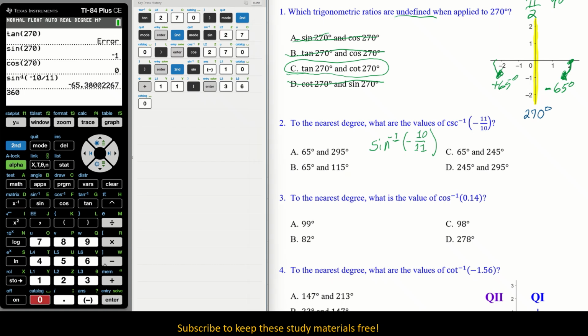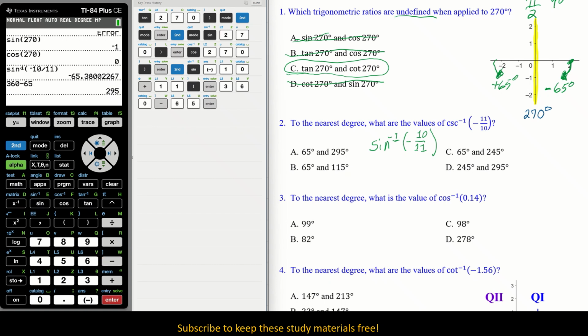Okay, 360 minus the 65, 295. Anything that does not have 295, we're going to get rid of. All right, so it has to have 295. Well, I'm going to disagree with A because they just left the 65 in there.